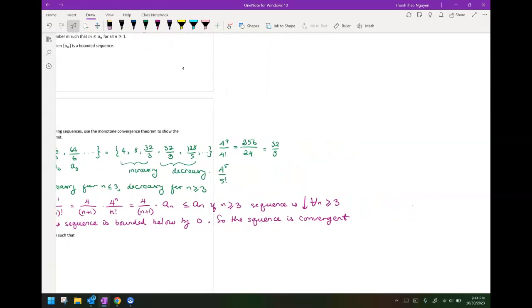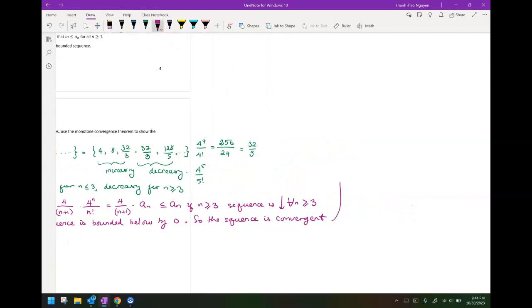So let's find the limit. The limit as n approaches infinity of a sub n plus 1 is equal to the limit as n approaches infinity of 4 divided by n plus 1 times a sub n.